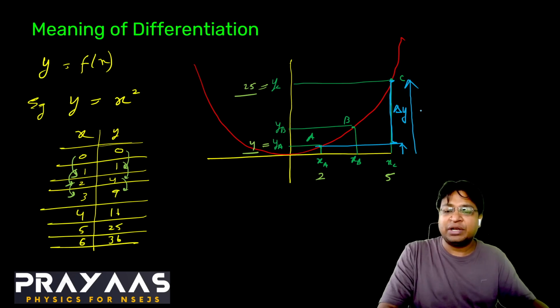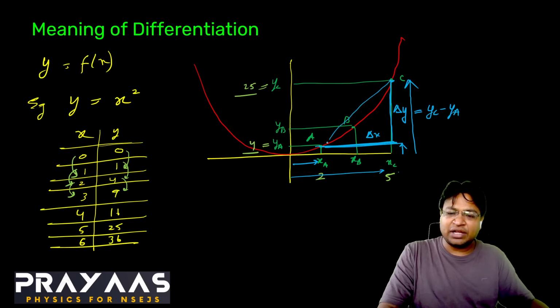Delta is used to indicate change. So this is yc minus ya. Similarly, this is delta x. This entire length is xa, this entire length is xc. So this is the change in x from 2 to 5. So if I connect point A and point C, then delta x is the horizontal line and delta y is the vertical line.